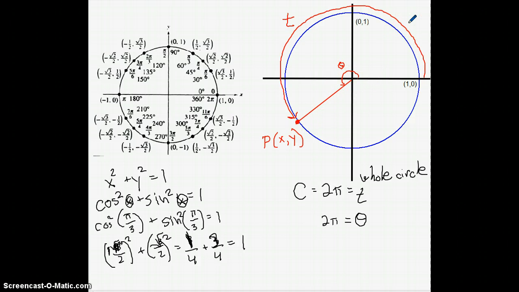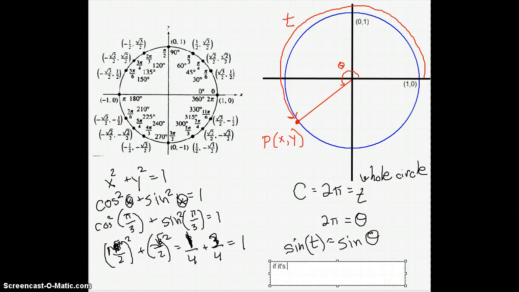So don't be confused when you see sine of t or cosine of t. That is sine of theta, if, and I want to stress this, if it's a unit circle and angles are in radians. But that's exactly why we use a unit circle with radians.